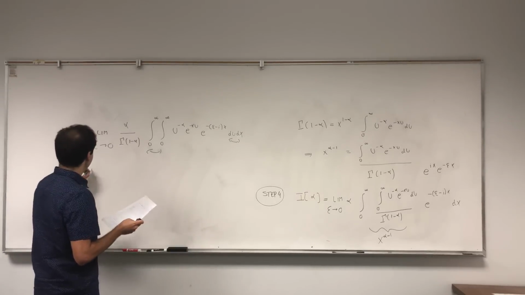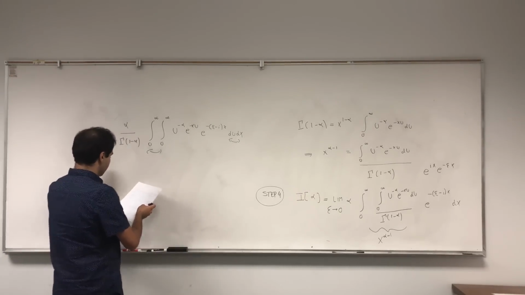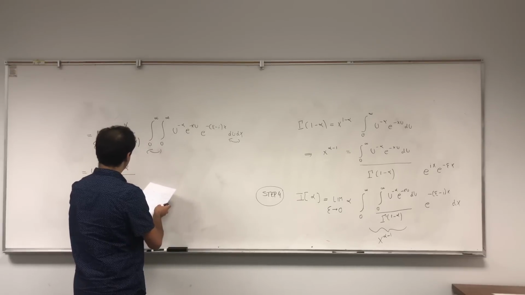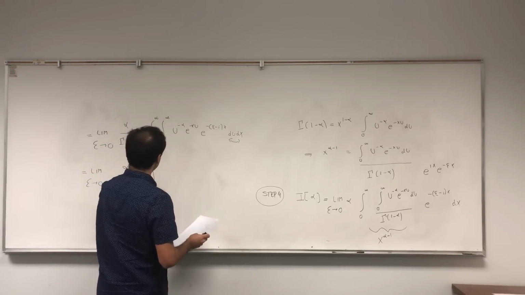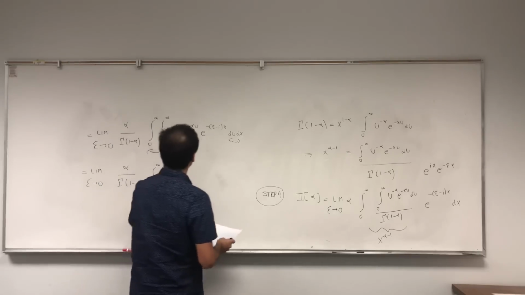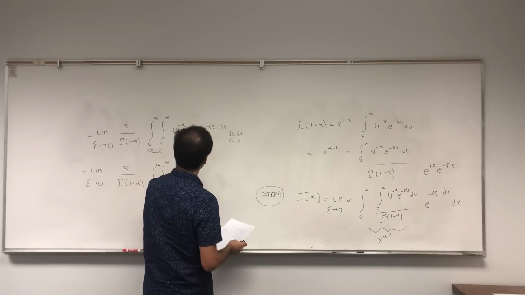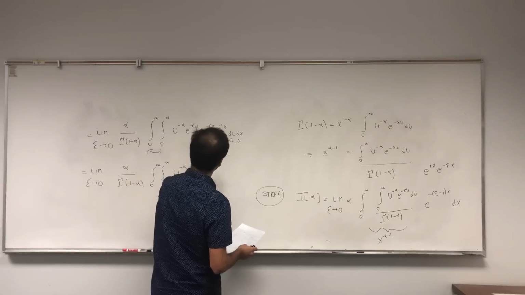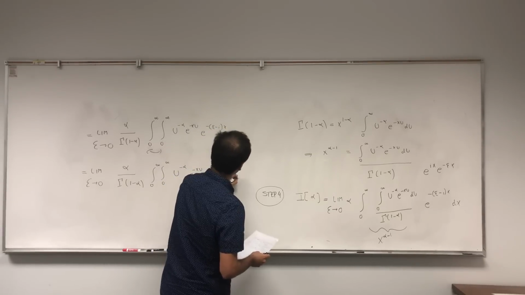So what we're left with is the limit as epsilon goes to 0 of alpha over gamma of 1 minus alpha. Let's interchange the two, which is not too bad: u to the minus alpha, and then e to the minus xu, e to the minus epsilon minus ix, dx du.